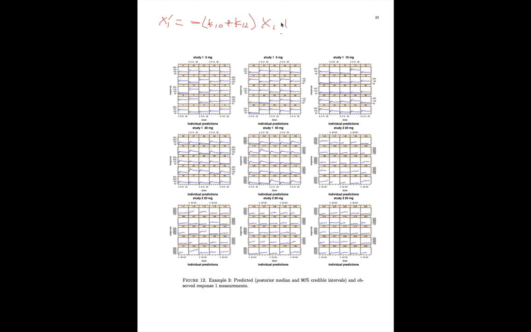Then that's going to be plus the return, which is k21 times x2 from the second, or peripheral, compartment.